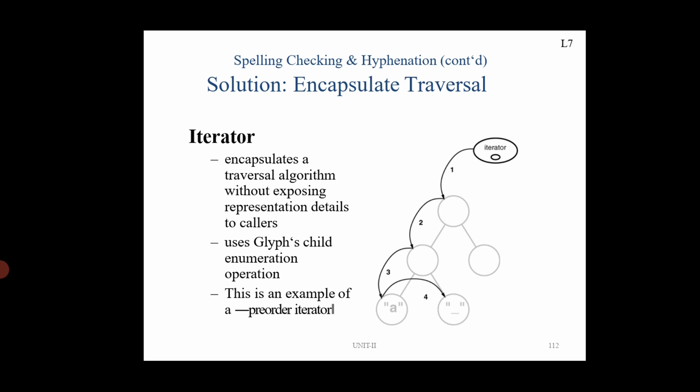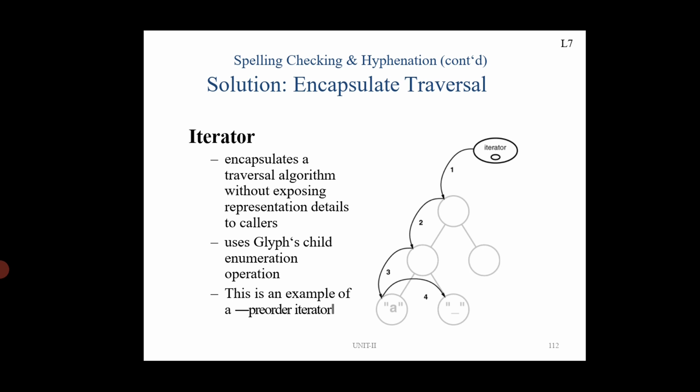It is very important and applicable not only to composite structures but to collections as well. It abstracts the traversal algorithm and shields clients from the internal structure of the objects they are traversing. The main intent of the iterator is to encapsulate a traversal algorithm without exposing representation details to the callers.